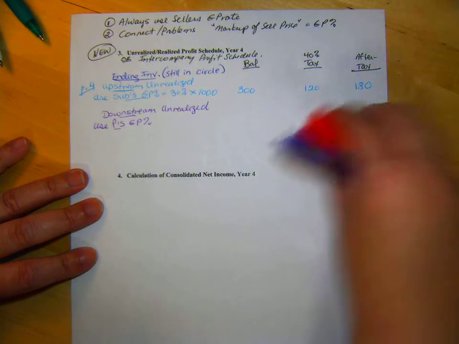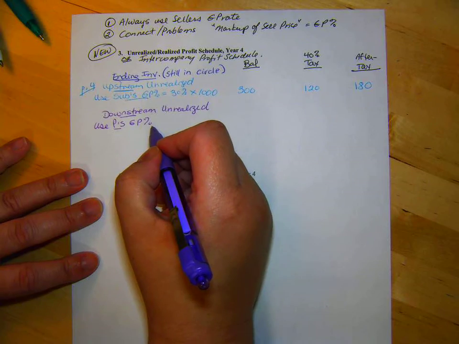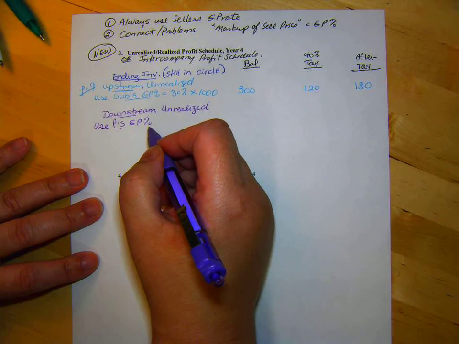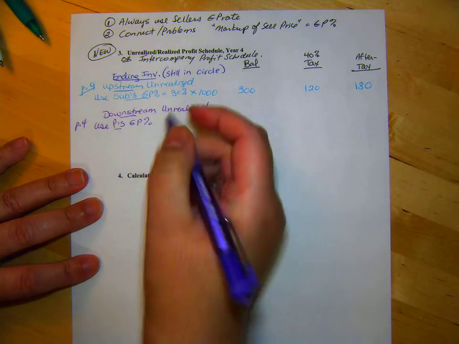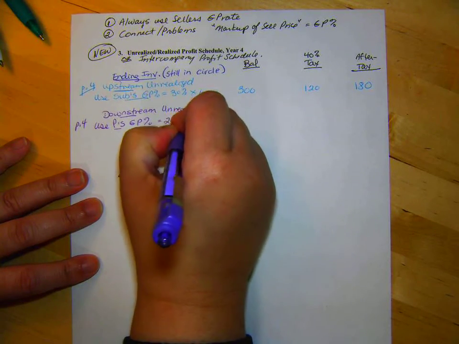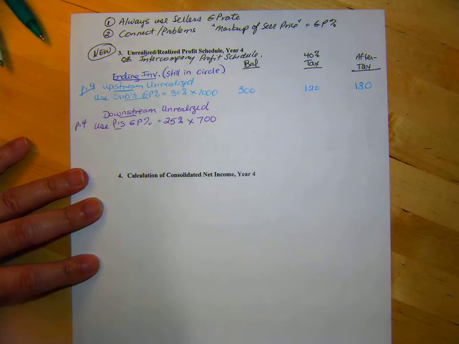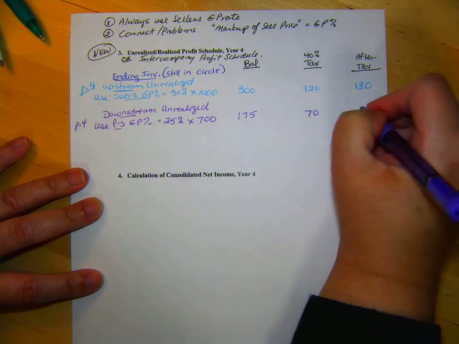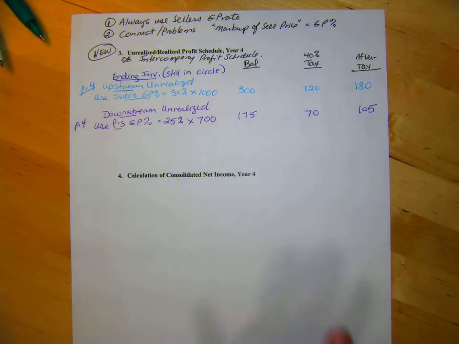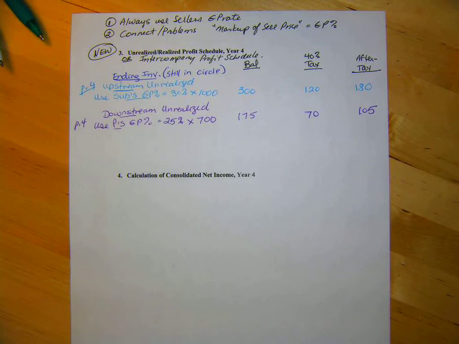That's what we're trying to do. So looking back on point number 3 on page 4, again, this 4, it's 25% times the 700. So we get 175, we get 70, and we get 105. Okay, so that's the easy part.